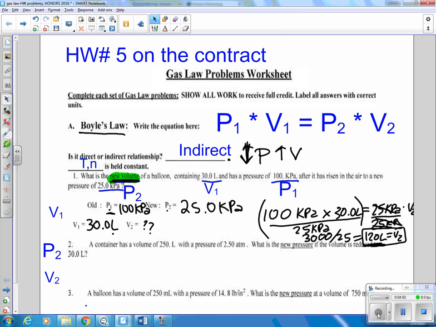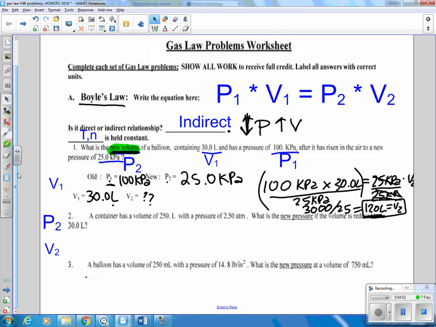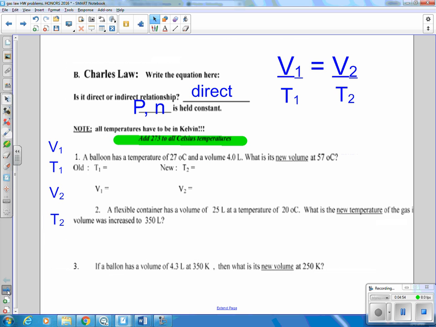I think this is where time ran out in class. Let's go through and do the next type of problems. We're going to do Charles' law, and this involves volume and temperature, and then volume 2 and temperature 2. You're going to do those in the problems on these next 3.